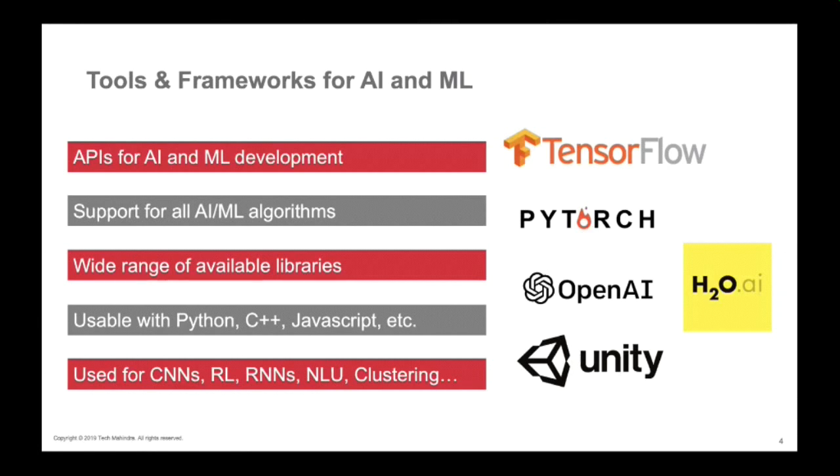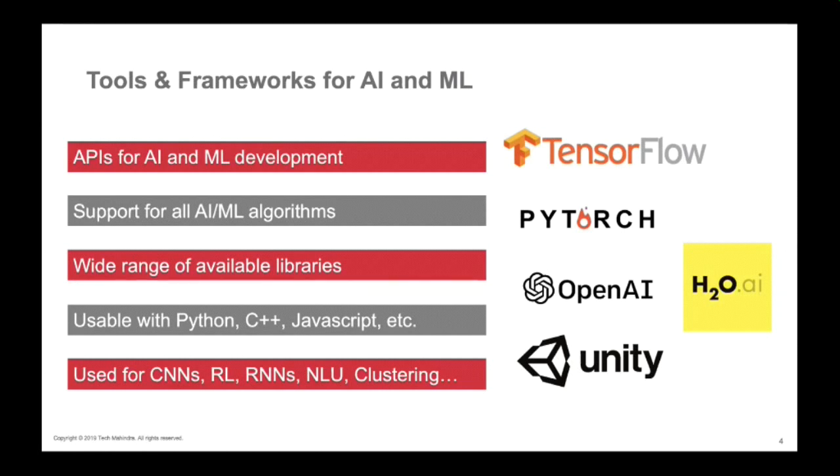What they're used for is largely the development of applications, and they contain APIs for AI and ML development. They support a fairly large number of algorithms. In fact, in my opinion, they support pretty much all the well-known AI ML algorithms that are required for any industry or any application.